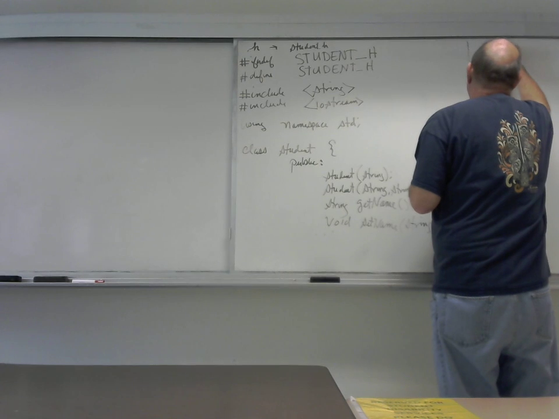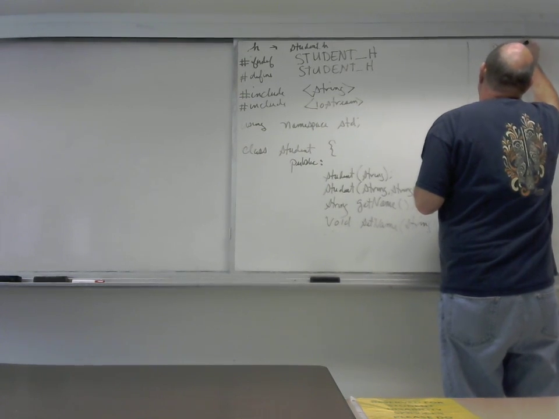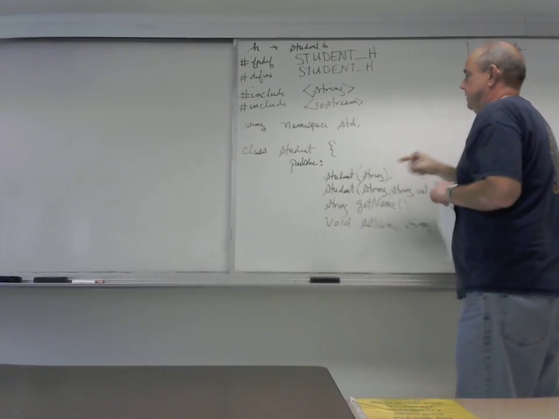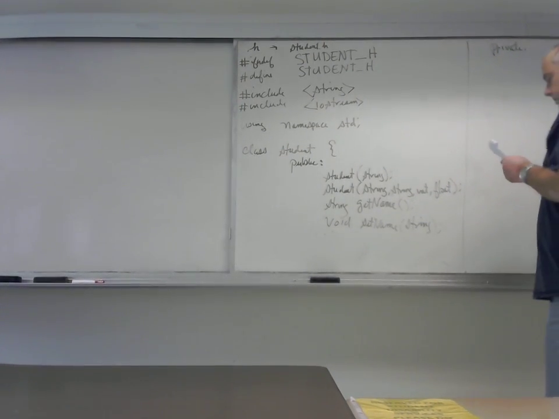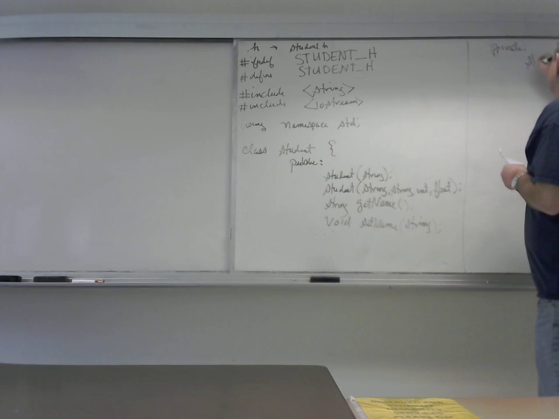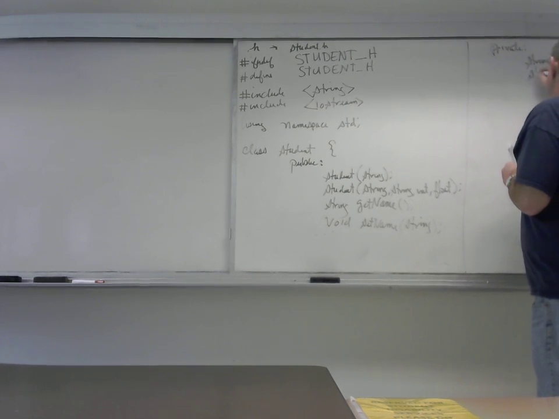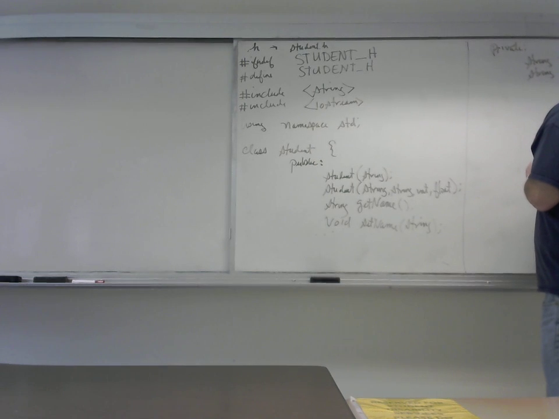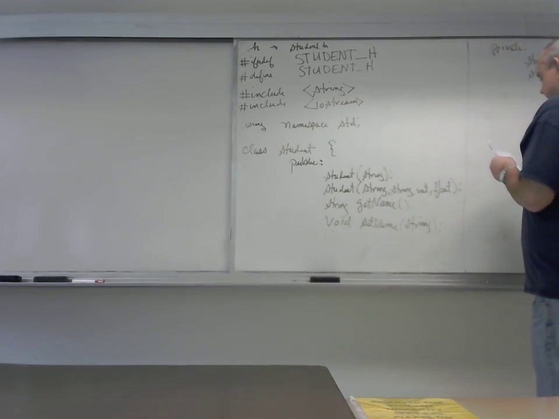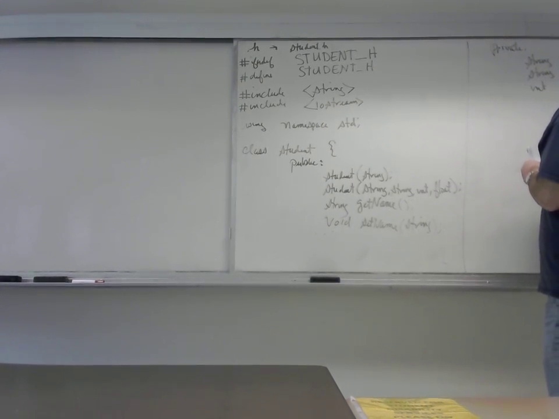Private. Lowercase, so it matches the public. You have the public section and your private section. These are your class level variables: string, string, string or hardcover level, and float.